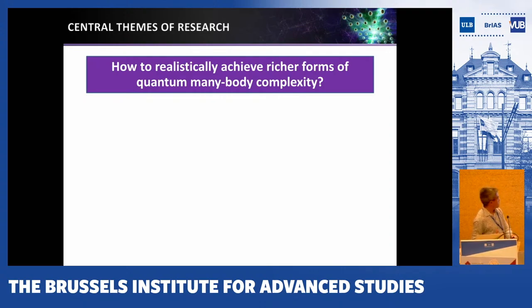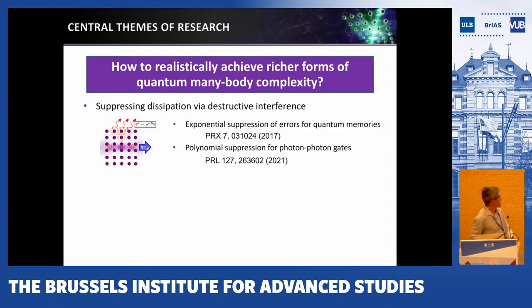And I think there's two general themes that we explore a lot in the group. So one is simply how do we create smaller dissipation in atom-light interfaces? In traditional theory, it's assumed that when you have an excited atom, it's going to emit light into 4 pi, so into directions that you can't collect, at a rate that's just fixed. So it doesn't depend on any other atoms, et cetera.